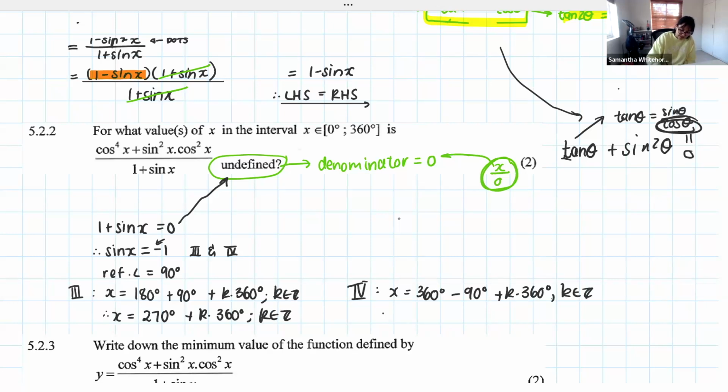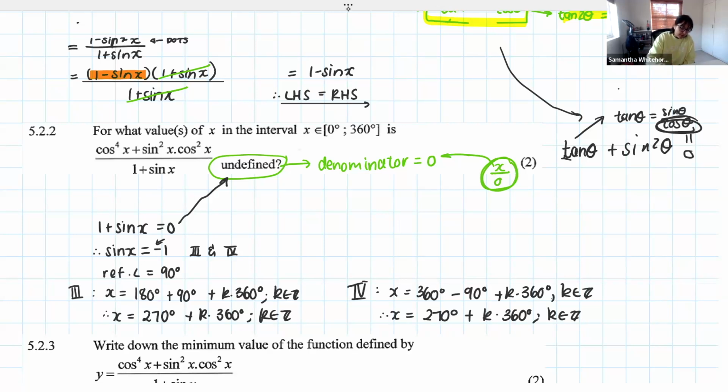And 360 minus 90 is also equal to 270 degrees. So what actually ends up happening here is that you get the same solution, so you do not have to do it twice. If you realize that you're going to get the same solution, don't do it twice. There's no point in that. You can, but you don't have to.